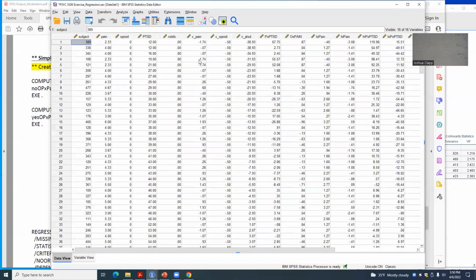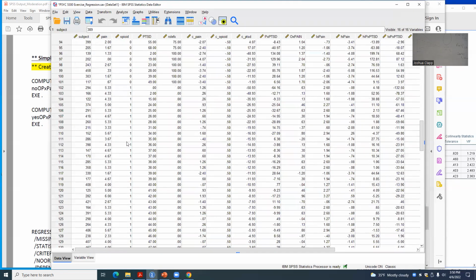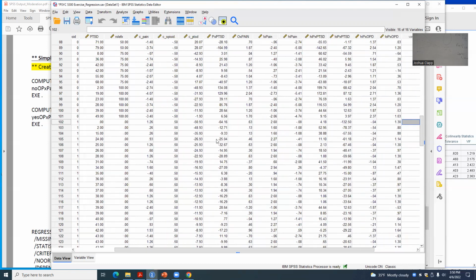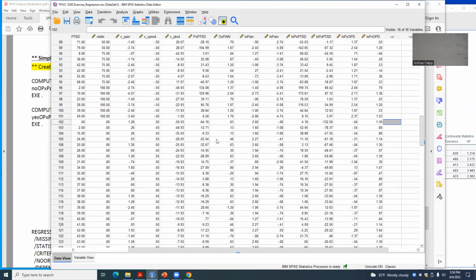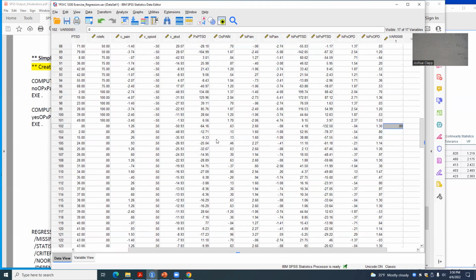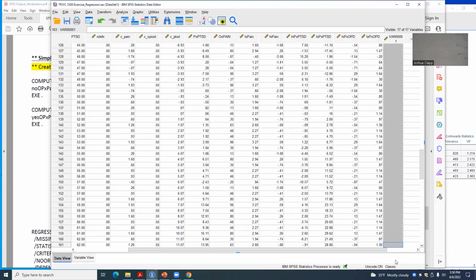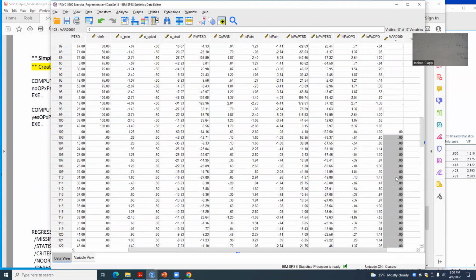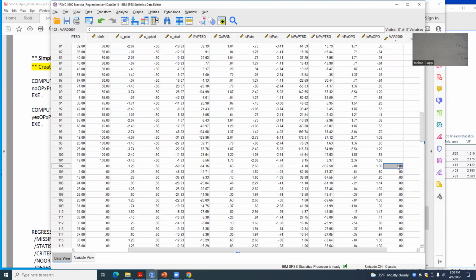There are better ways to do it, but I'll do it this way. I just go through and paste zeros into this new variable.